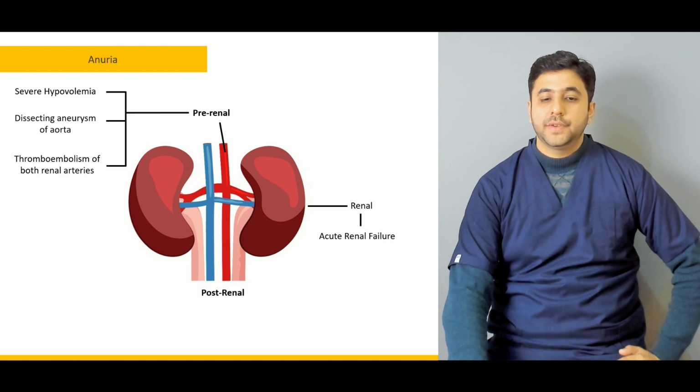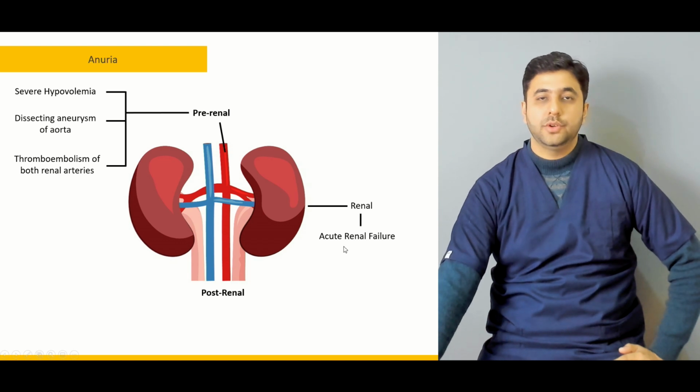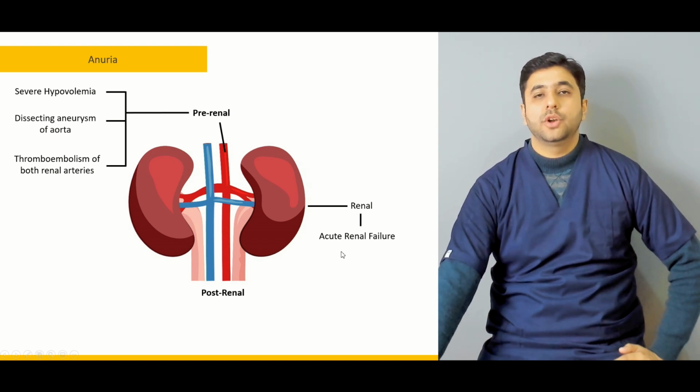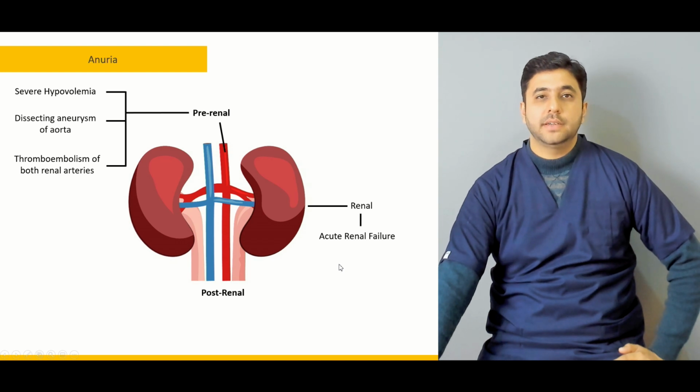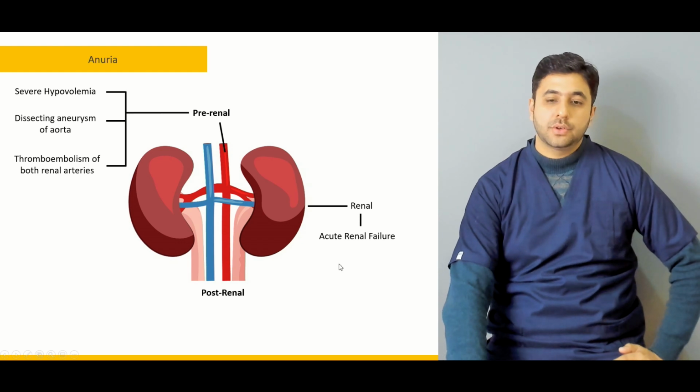In the renal causes of acute renal failure, again, what we discussed are acute tubular necrosis, glomerulonephritis, certain vasculitis, or malignant hypertension. These are the major causes.